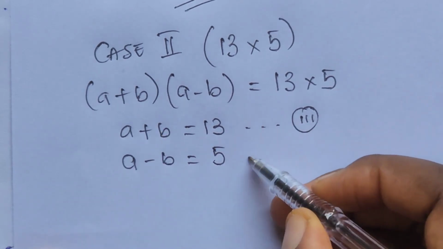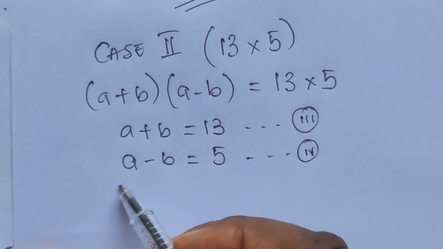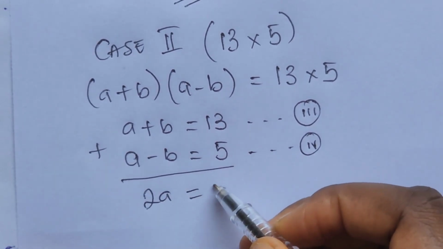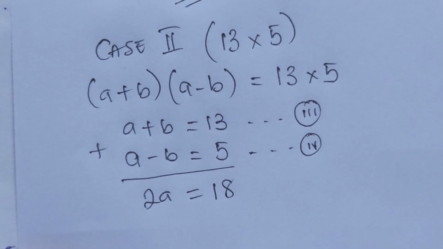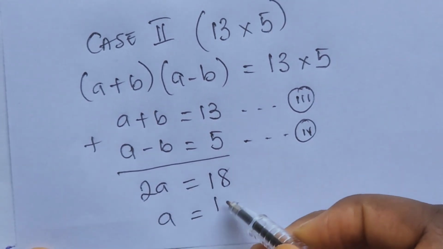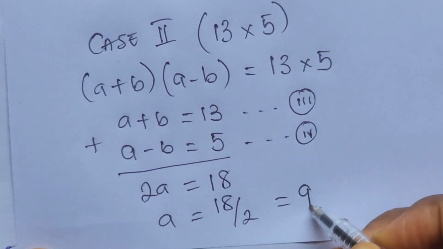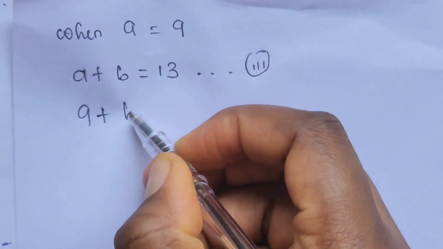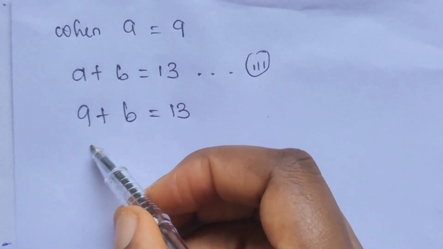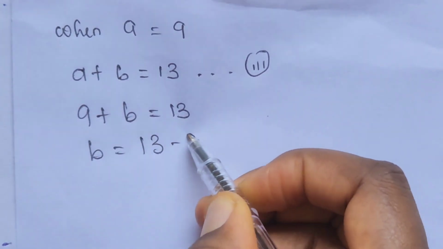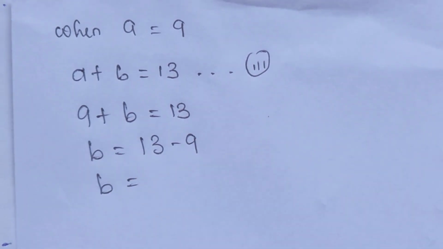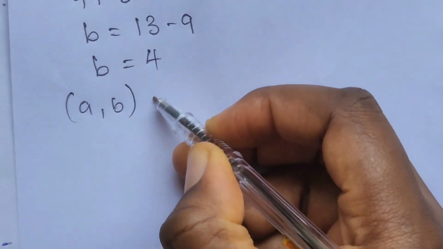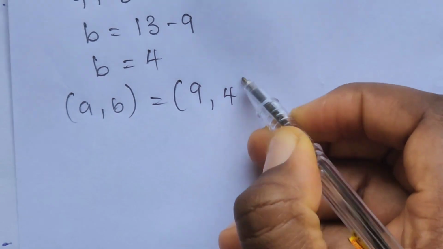Adding these two equations, we have 2a to be equal to 18. So a is equal to 18 over 2, which is equal to 9. So when a is equal to 9, we have 9 plus b, all equal to 13. So our b is equal to 13 minus 9, and b is equal to 4. So we have a and b to be equal to 9 and 4.